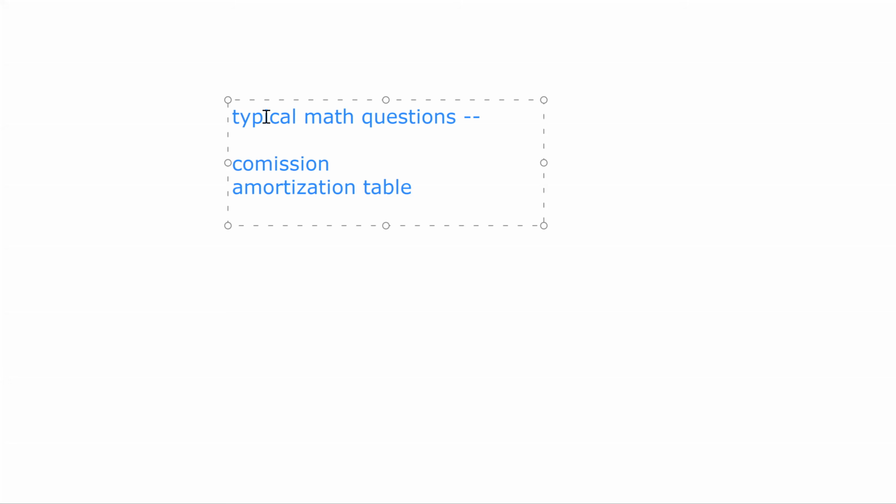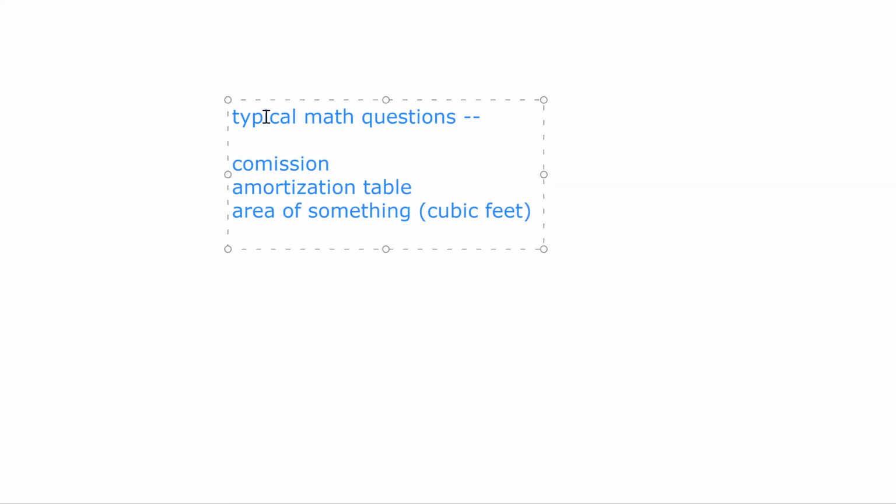They also like to know the area of something, the square footage. They might even ask for cubic feet. I've seen that before, cubic feet of something. That's kind of like volume. Also, they might ask for proration, like things that are charged in arrears or in advance. So you might get a proration question.